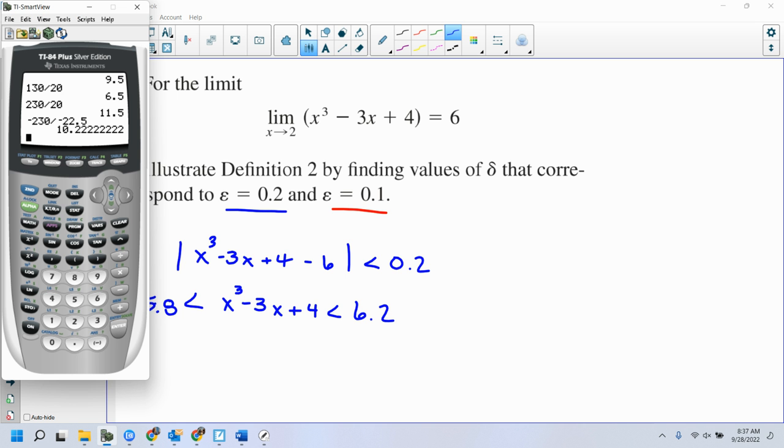All right, so now we just got to go to our calculator and manipulate it into solving for that. Let's go into our y equals. This is very similar to the problem that we did, but now I'm going to do minus 3x and then plus 4. I know I want to do 5.8 and 6.2. We all follow me here? Just put in your two y values. Let's zoom 6 this.